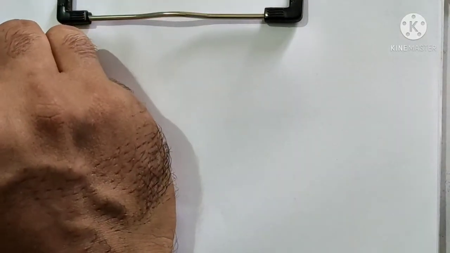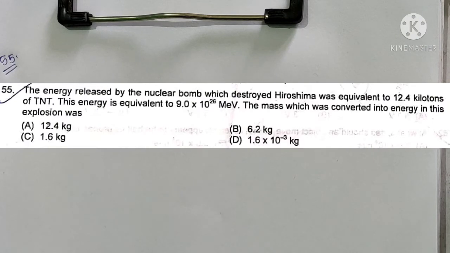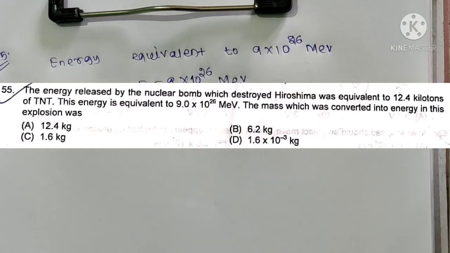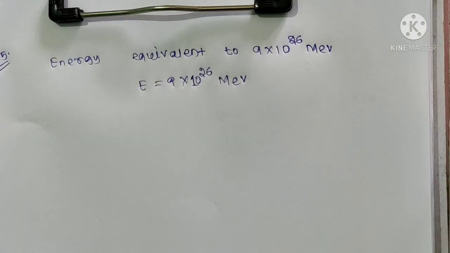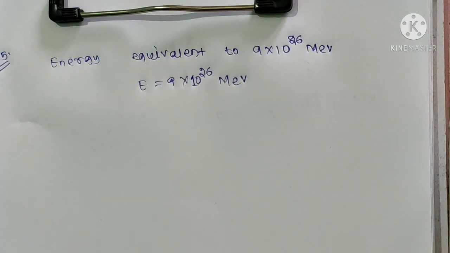Question number 55. The energy released by the nuclear bomb which destroyed Hiroshima was equivalent to 12.4 kilotons of TNT. This energy is equivalent to 9 into 10 to the power 26 mega electron volt. The mass which was converted into energy in this explosion was? देखो, energy equivalent to 9 into 10 to the power 26 mega electron volt, and we have to find mass equivalent to this energy.